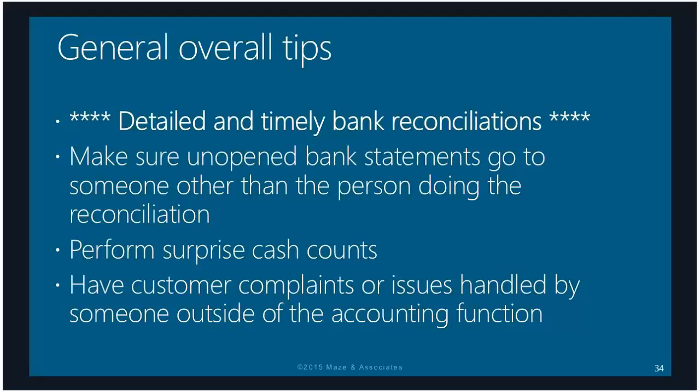As David mentioned earlier, make sure that the unopened bank statements go to someone other than the person doing the reconciliation. Perform surprise cash counts. Another good practice is to have customer complaints or issues handled by someone outside of the accounting function.